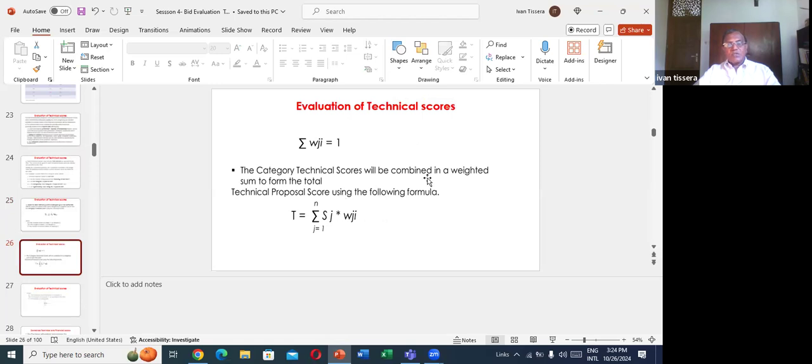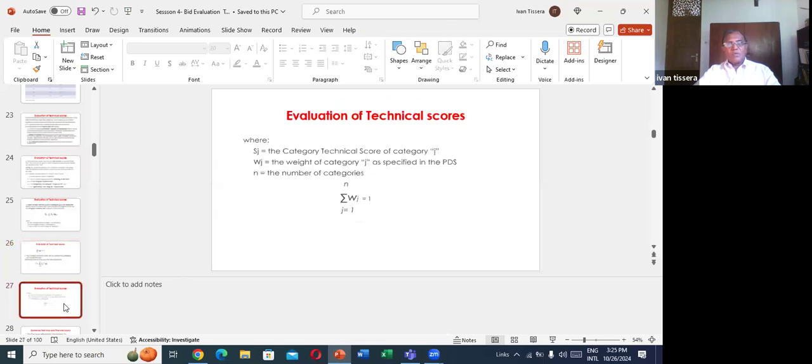The category technical scores will be combined in a weighted sum to form a total technical score using the following formula. The sum of the category score times W_J equals T, the technical score, right?